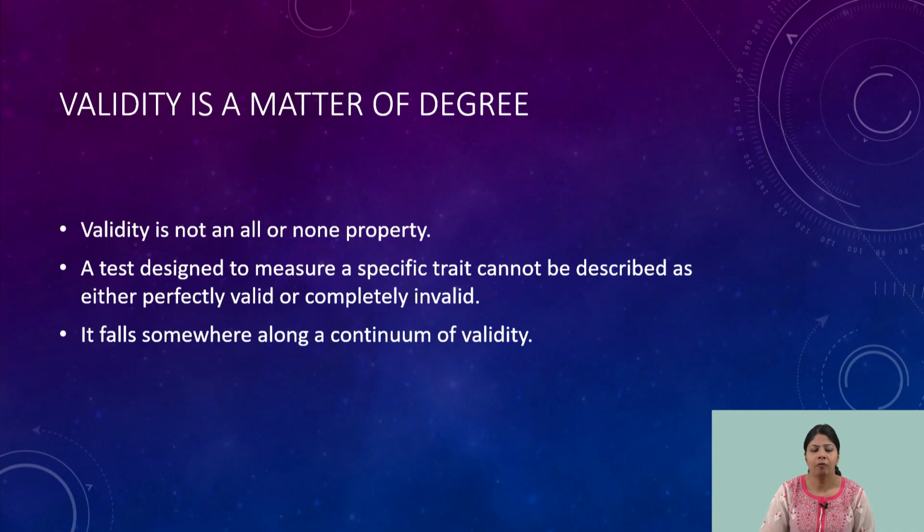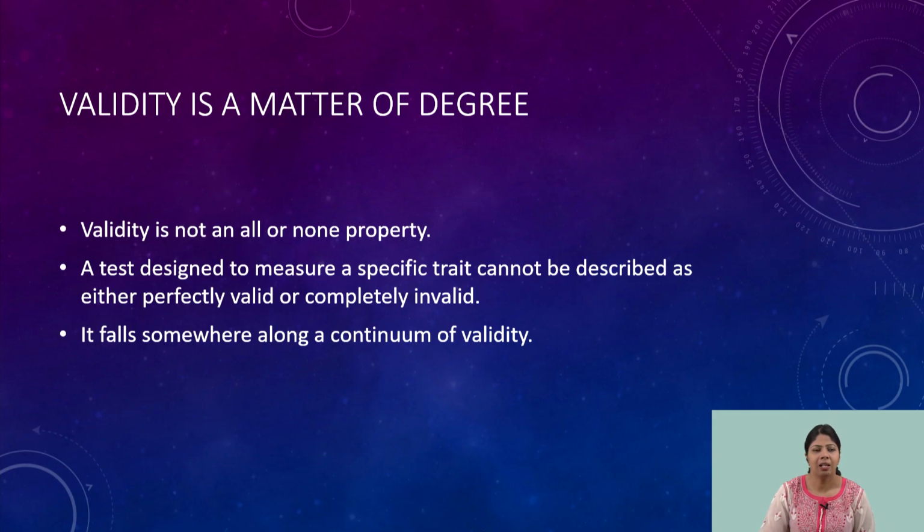There is no perfect validity coefficient, and especially when we talk about psychological tests, it is very, very difficult for a test to get perfect validity, because for a test to get perfect validity, it would have to produce the exact score for every individual as is being produced by the ideal measure or the other criterion against which it is being validated.